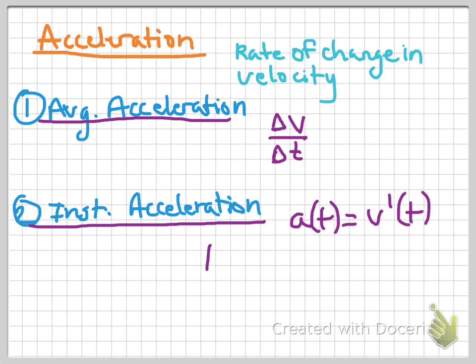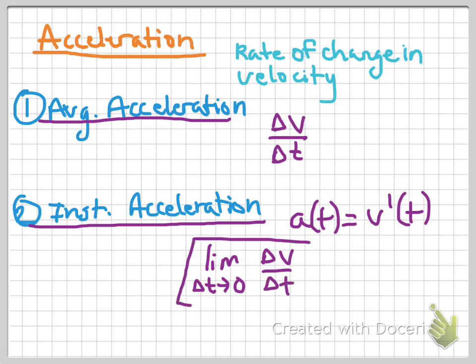Or you could say it's the limit as the change in time approaches 0 for this average acceleration delta v over delta t. But again, this is the old longhand way of saying let's find the derivative. So we have average and we have instantaneous. Now a little bit of a note down here. The units for acceleration are kind of odd.